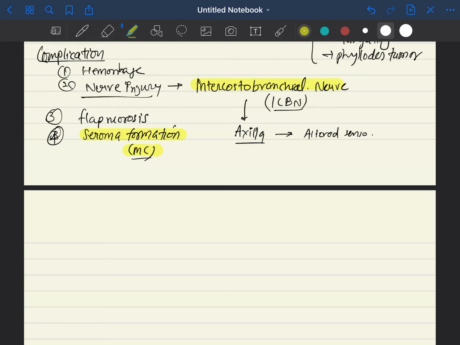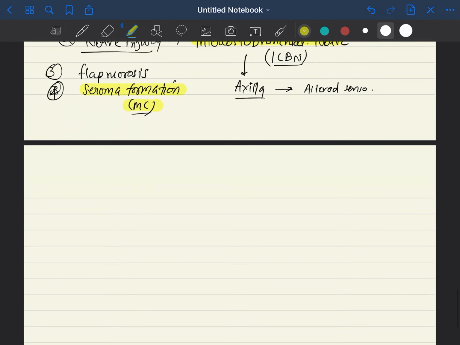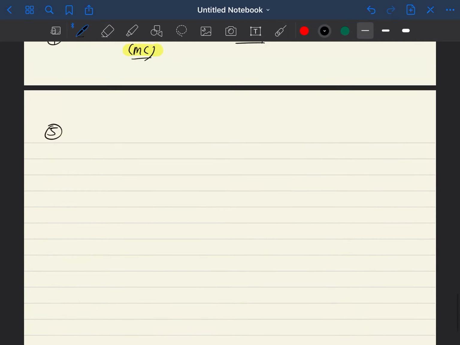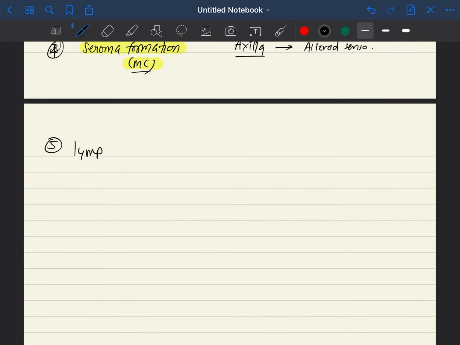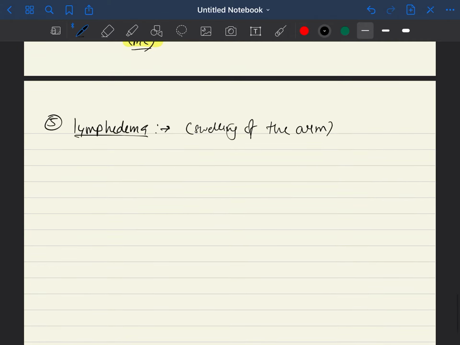There can be lymphedema because after mastectomy, when we have already removed the lymph nodes, there can be a lymphatic blockage in the arm, and there can be swelling of the arm. There is 2 to 10% risk of lymphedema. So the fifth one is lymphedema, swelling of the arm secondary to lymphatic blockage.